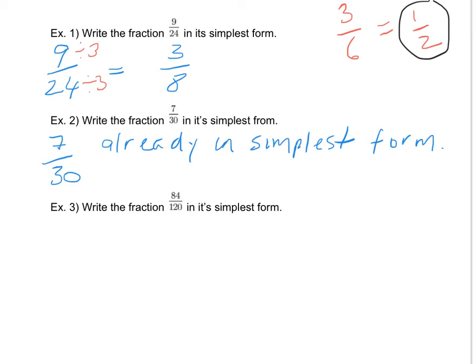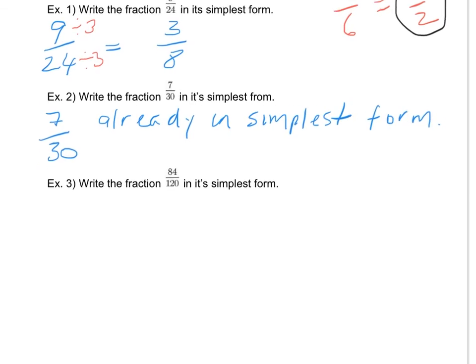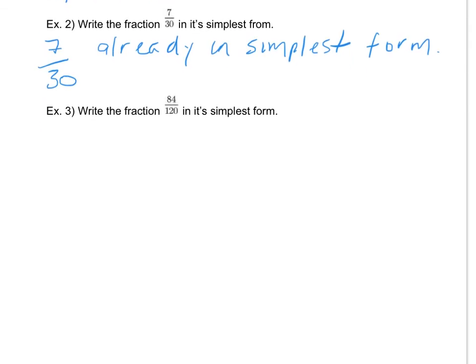And now let's have a look at a harder one here. So we have 84 over 120. The reason this is harder is because it might not be obvious straight away what to divide the top and the bottom by. But if you watch carefully, you can solve it through a process of steps. For example, I know that 12 divides into the top here and it divides into the bottom.